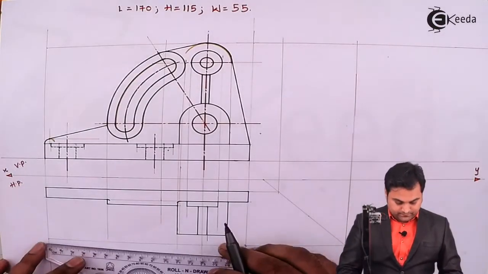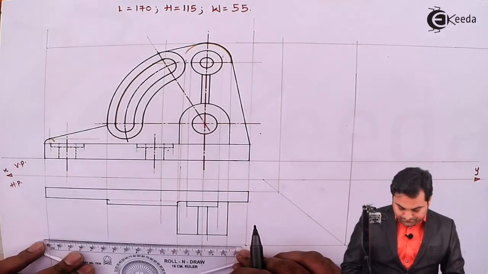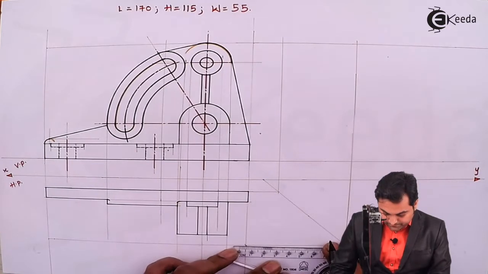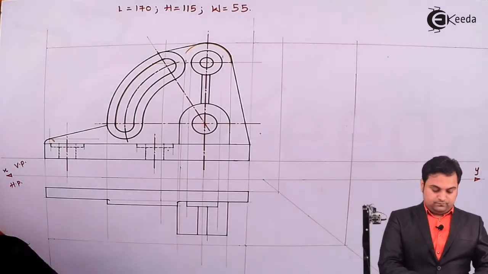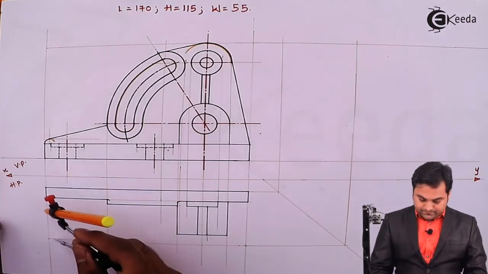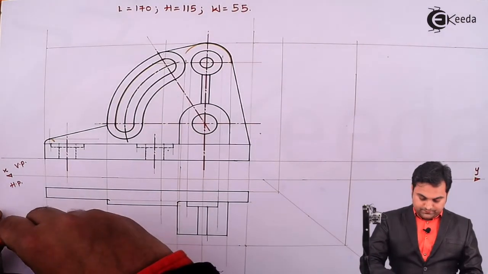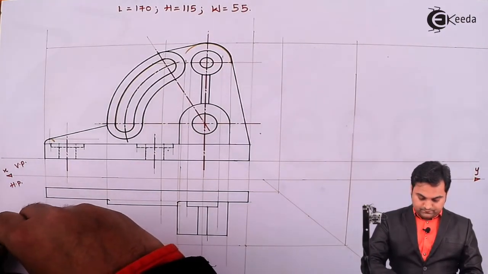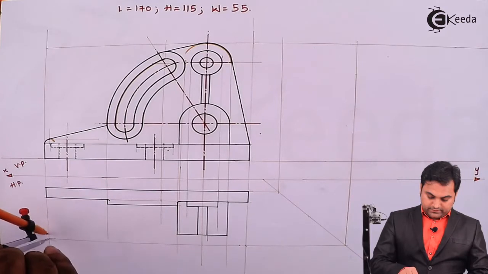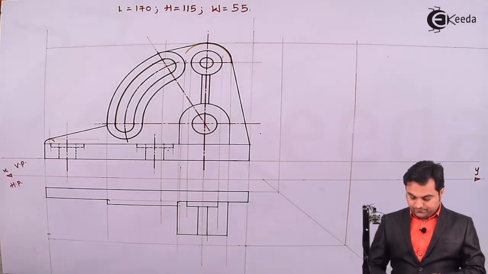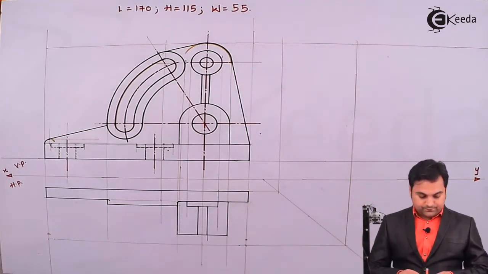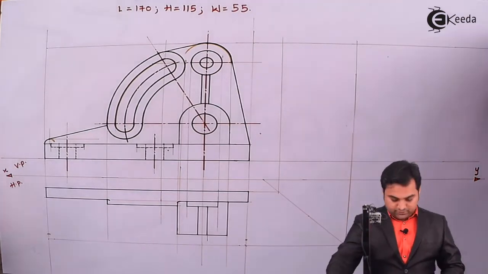So for that, I'll take 5 mm from one side, similarly from here as well, measuring that distance in the compass, keeping it over here, cutting this line, similarly here as well, and then drawing horizontal lines through them.